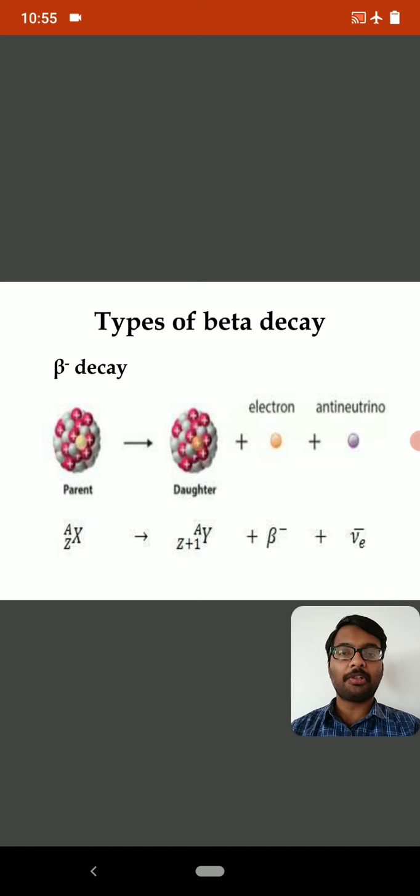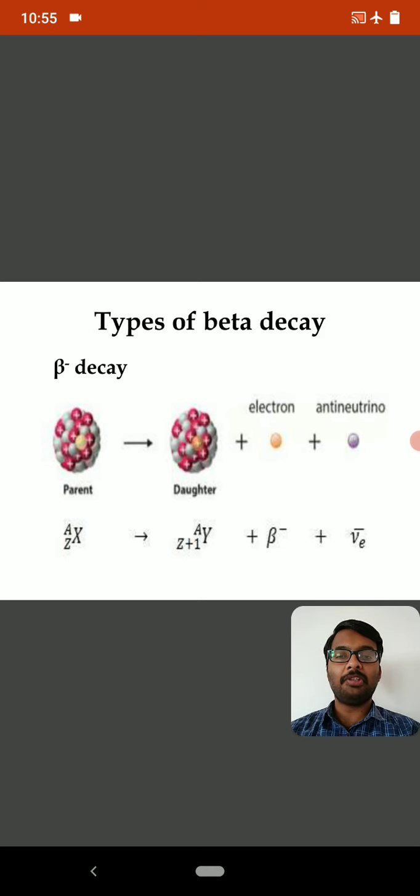Based on that conversion, we have different types of beta decay. The first one is beta minus decay. If you look at this schematic representation of beta decay, here we have a parent nucleus which is converted into a daughter nucleus with the emission of certain particles.